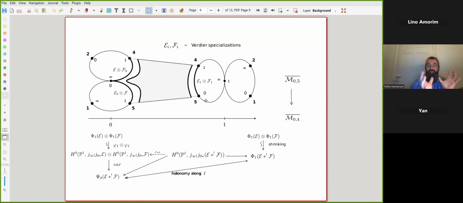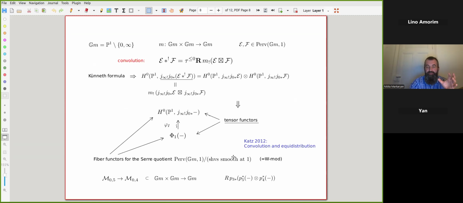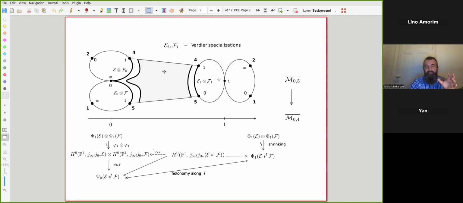I take 2 vanishing cycles, they take the external product which lives now in Gm times Gm, which is this one, and then they're presented by the figure, and then I take the push forward of this, so cohomology. This picture presents this map.